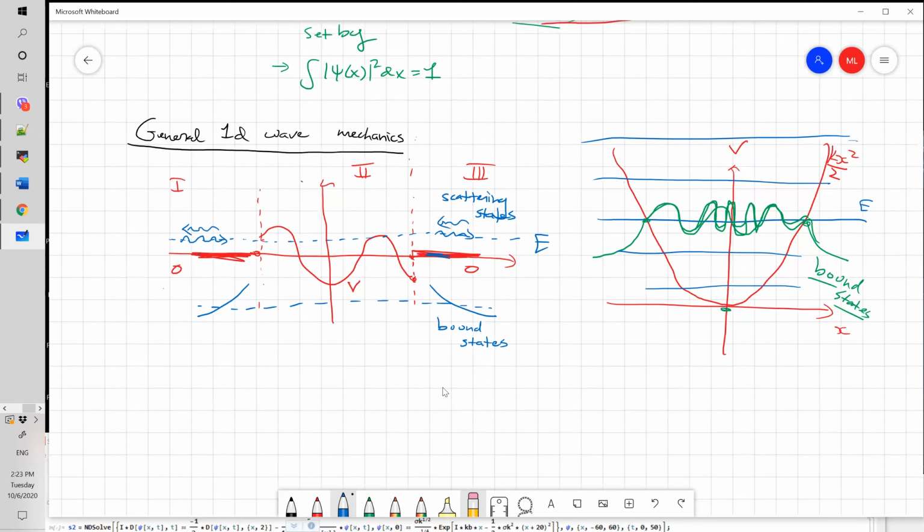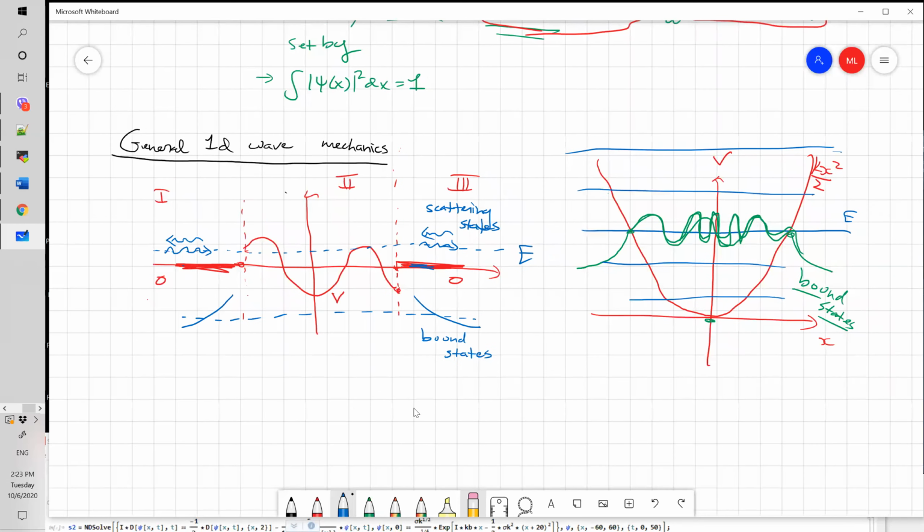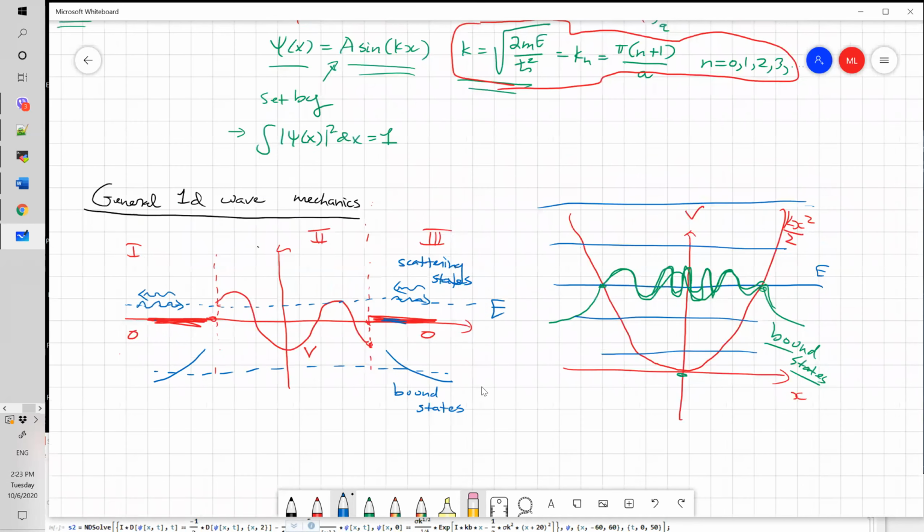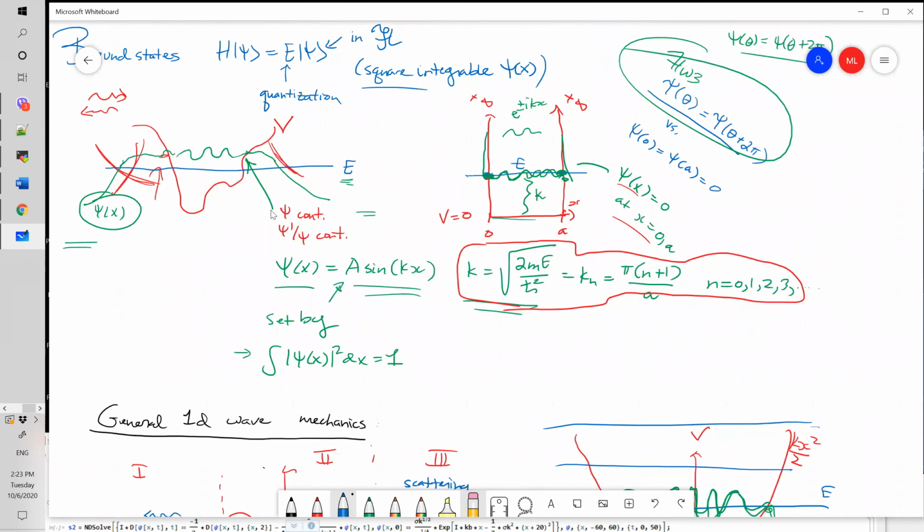Then all you're doing, when solving one of these problems, is writing out the general solutions in these regions, either exponentials or oscillating complex exponentials, and then you're matching. What are you matching? You're matching ψ, making sure it's continuous across any changes in the solution, and that the derivative is continuous.